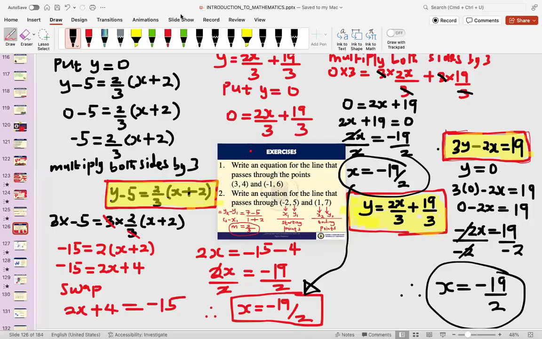So, Abraham, have you seen it now? Yes, sir. So it means we have verified the 3 equations we have learned today. Any question? Okay, so sir, meaning that when we put down all the equations, the values for both x and y, we had negative 19 over 2, then y positive 19 over 3.